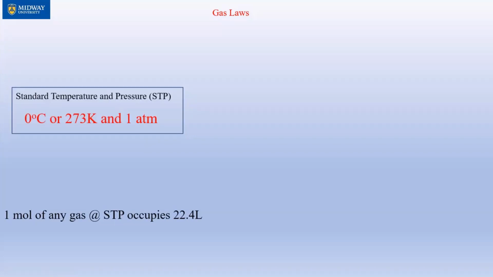Again, this is a statement, a constant, which you do not have to memorize. But you must understand that it's 1 mole of any gas, not 1 gram of any gas. Okay, it's 1 mole of any gas at STP occupies 22.4 liters. This means you may have to put in different mass of each of the gases to achieve the 22.4 liters.